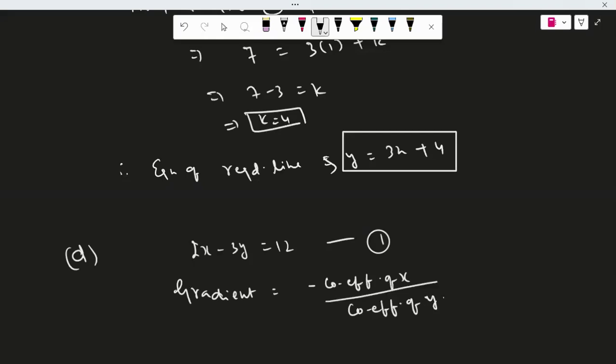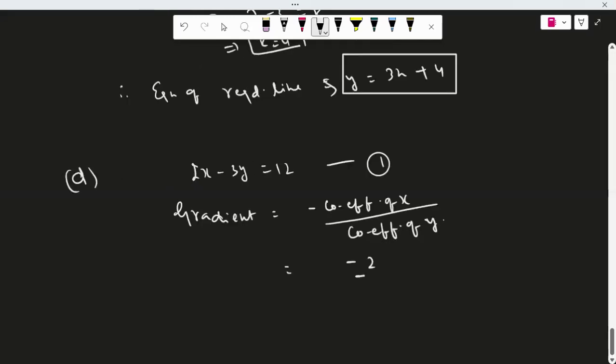The coefficient of x is 2 and the coefficient of y is minus 3. So the gradient is 2 over 3. There is another approach as well.